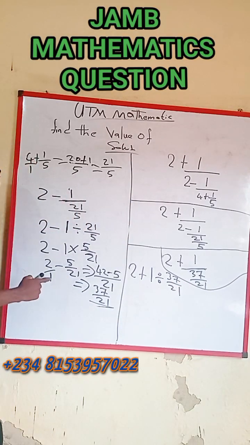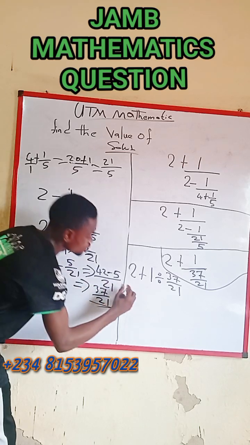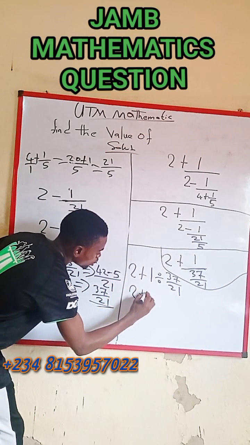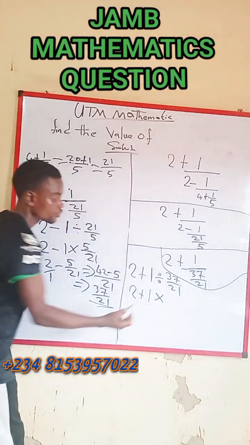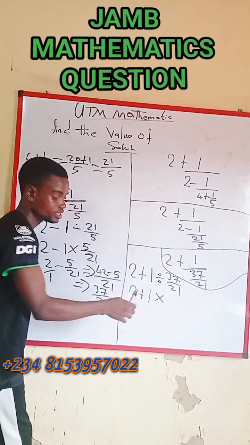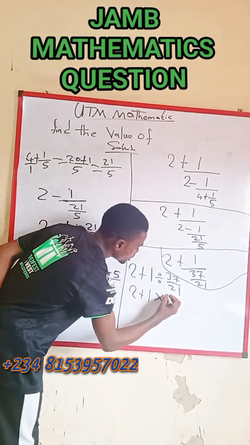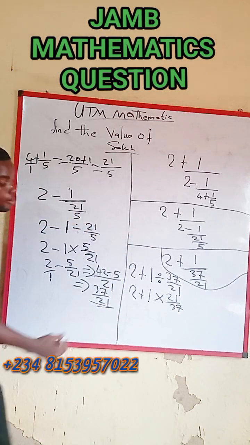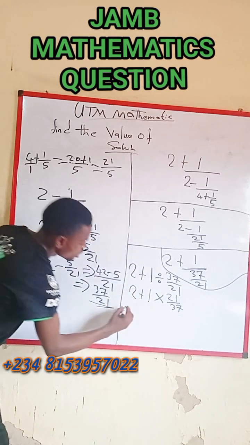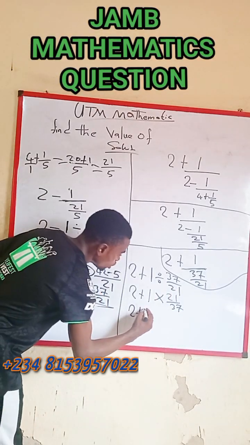Remember again that we don't use division, we change to multiplication. So 2 plus 1 here becomes multiply, and once it becomes multiplication, this is going to swap their places. The 21 will come up, the 37 will go down, and we'll have 21 over 37. Furthermore, this expression looks like 2 plus 1 times 21 over 37. So it's going to give me 21 over 37.